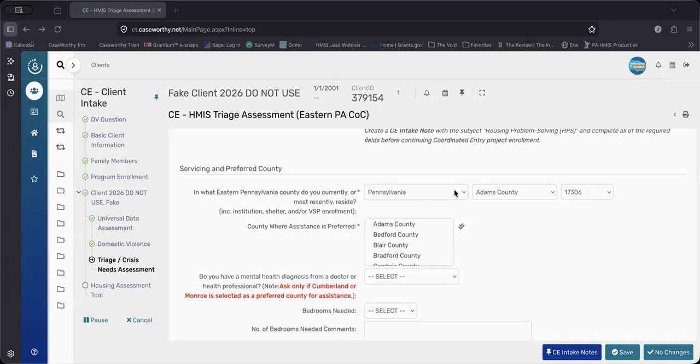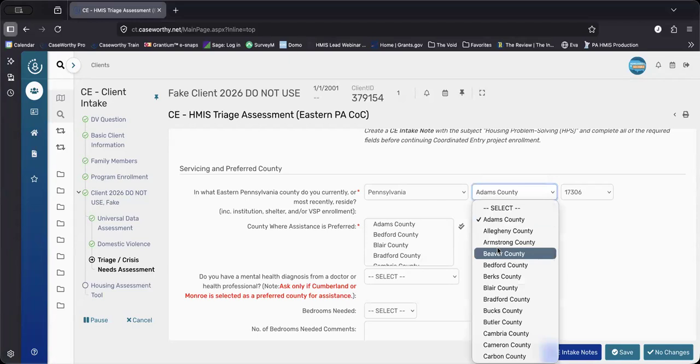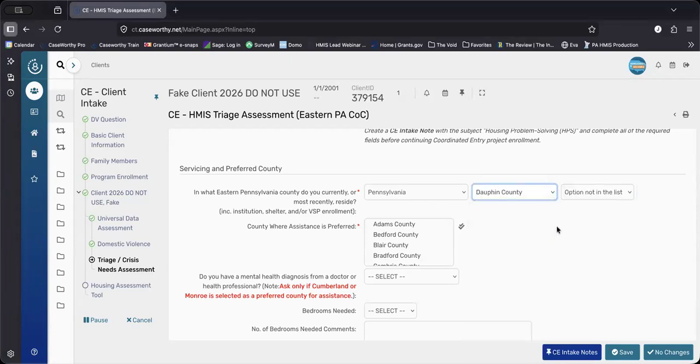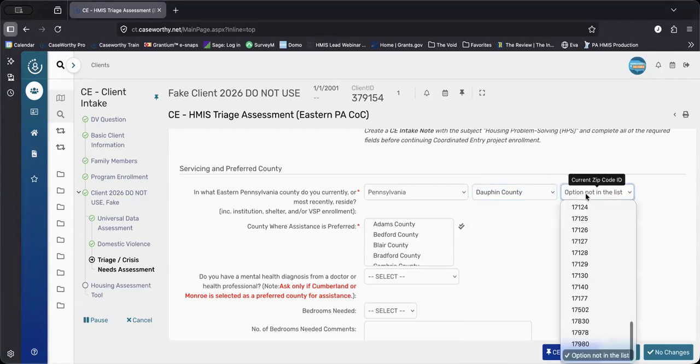Of course, we often do intake for people that are not in one of our 33 counties of residence. So within Pennsylvania, you might be selecting Dauphin County, which is not part of our CoC, but the household wants to relocate or move back into our CoC region, where there may be their own social networks, resource networks, and or we have housing opportunities for them.